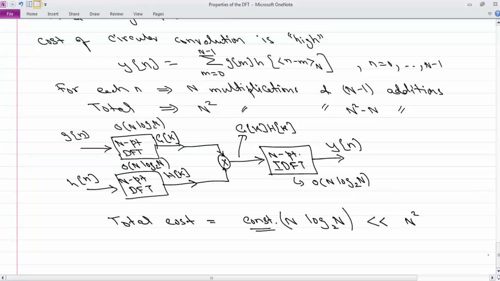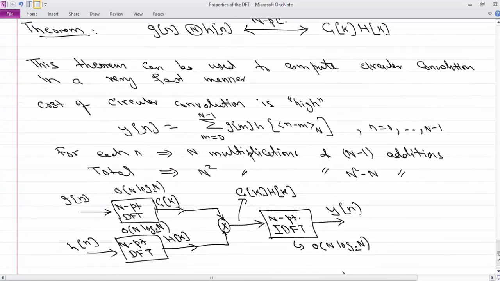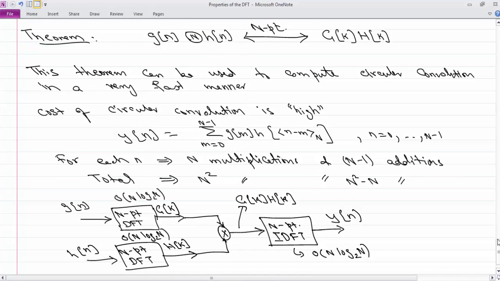Okay. So circular convolution and this formula is one of the fundamental things using FFT. All these things come together to help us compute eventually, which we'll see, linear convolution in a very fast manner. But we'll come to that later.